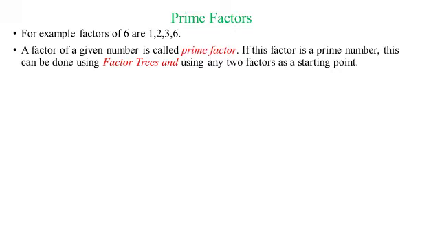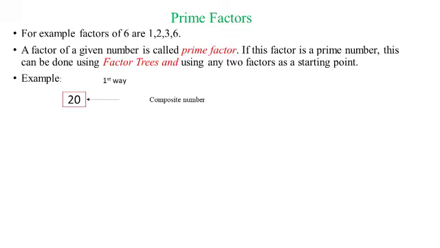To find prime factors, we can use a factor tree that helps to split each composite number apart into its prime factors. For example, let's find the prime factors of 20 using factor tree. We split 20 into its factors until we can't split anymore.